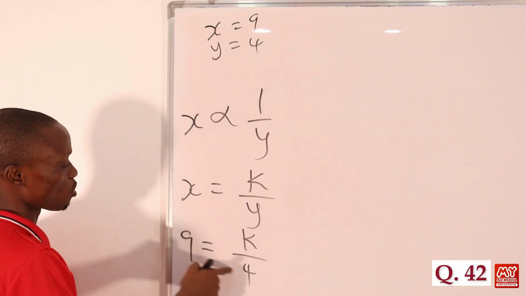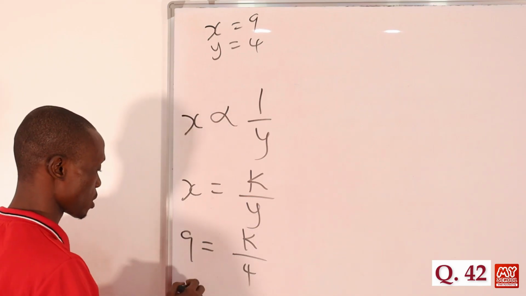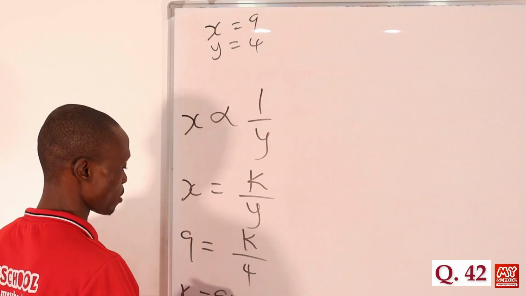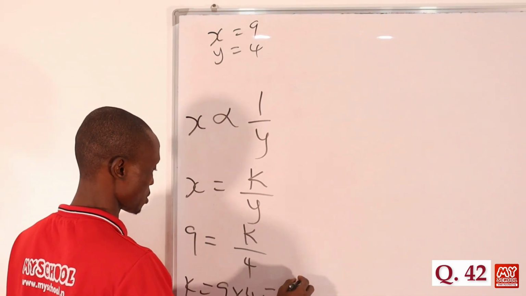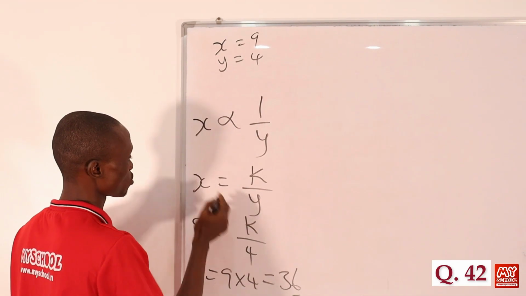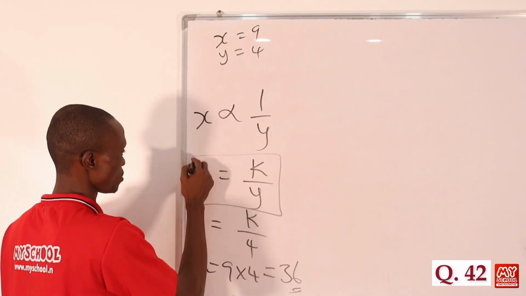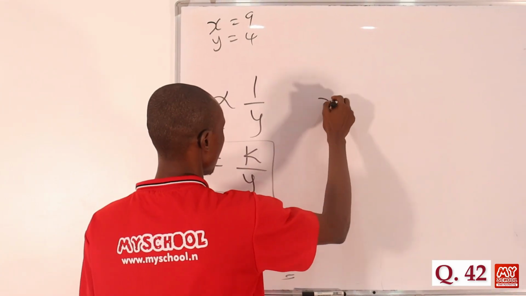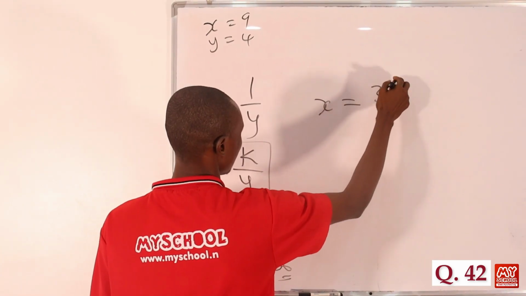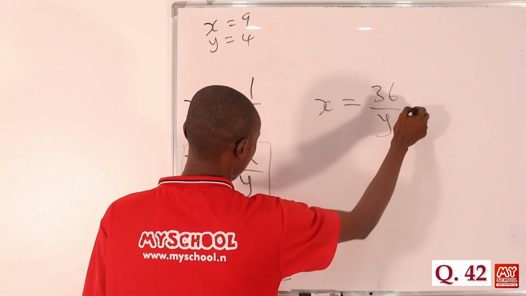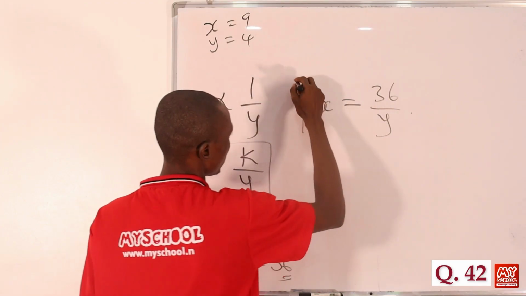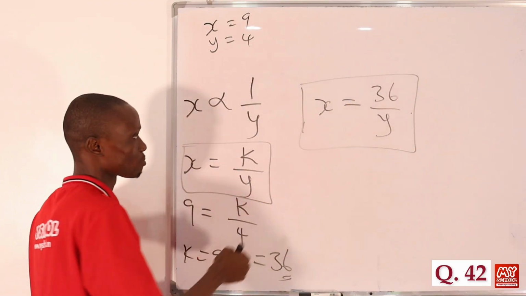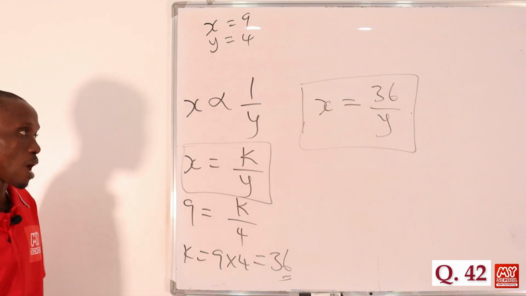So for us to get the value of k, we just cross multiply, so that k is equal to 9 times 4, and that is 36. Okay, so it's just for us to return back to this equation and fix the value of k there, so that we'll be having x equal to 36 all over y. Okay, so this is actually the law connecting x and y.